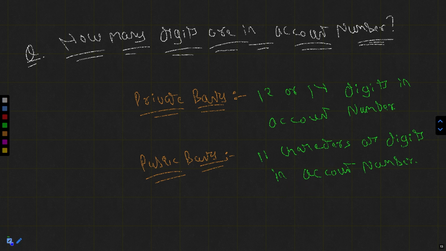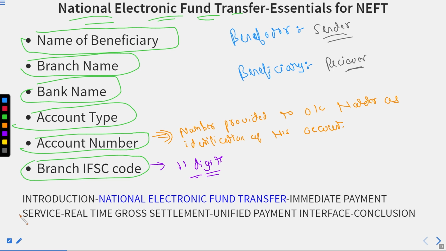Okay, so that's how the account number works. So by seeing the number of digits itself, you could identify whether it's a private bank or a public bank.